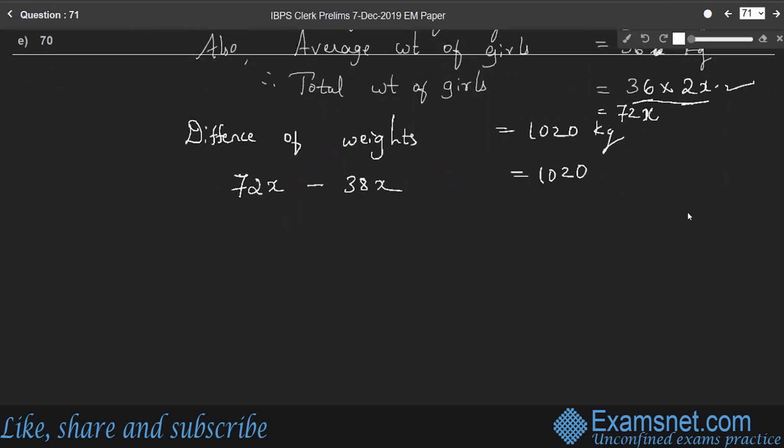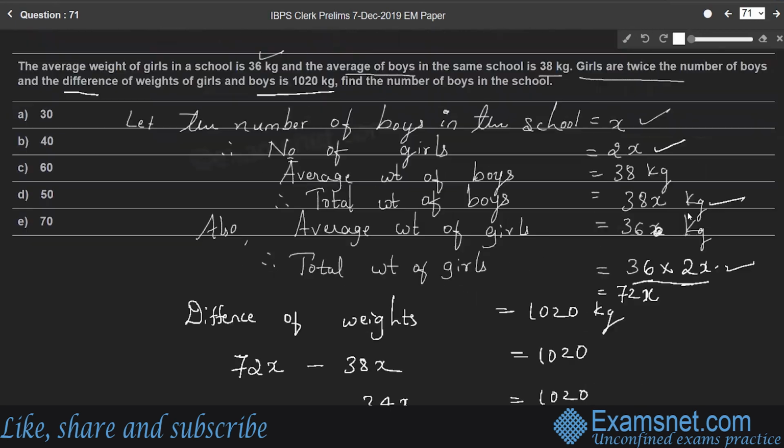Find the value of X here. 72 minus 38 is 34X is equal to 1020. So X is equal to 30. Therefore, X is nothing but the number of boys. According to our assumption, the number of boys in the school is 30, right? Hence, option A is the right answer.